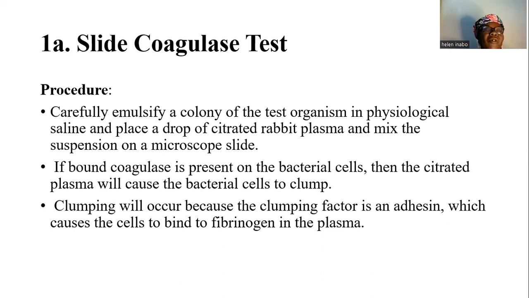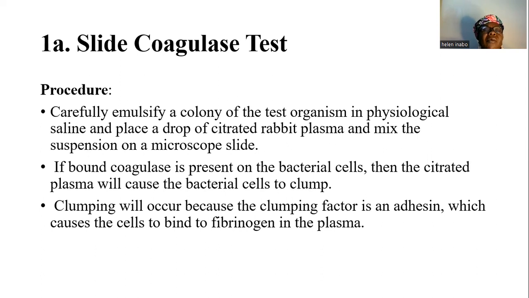The procedure for the slide coagulase test includes the following. A colony of the test organism, in this case Staphylococcus aureus, is emulsified carefully in physiological saline, and a drop of citrated rabbit plasma is added and mixed on a microscope slide.